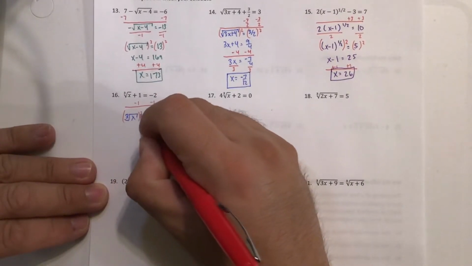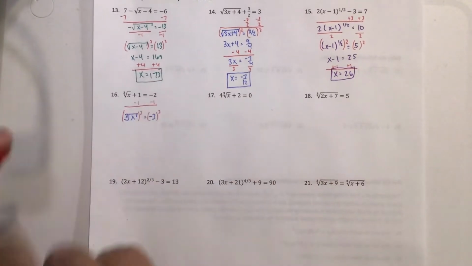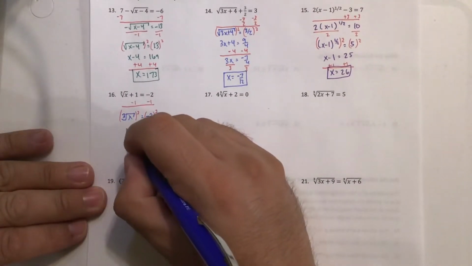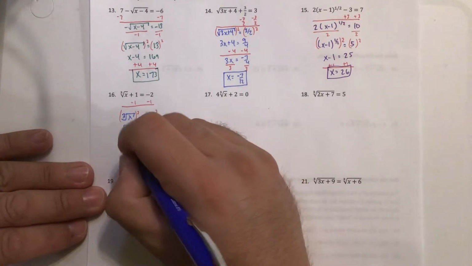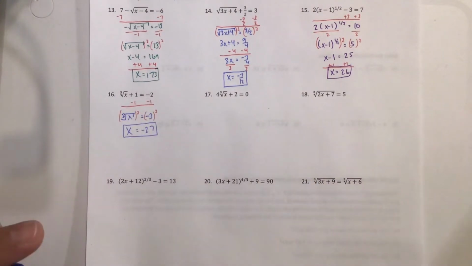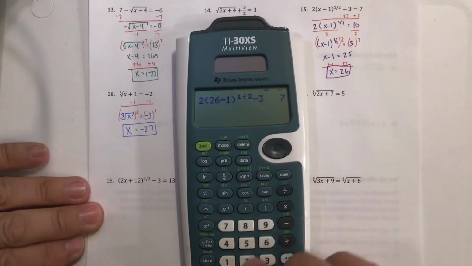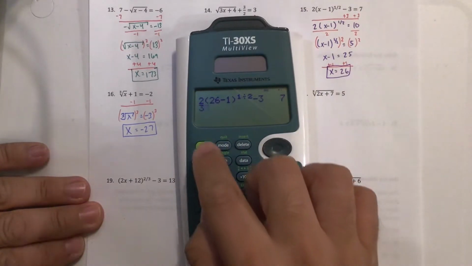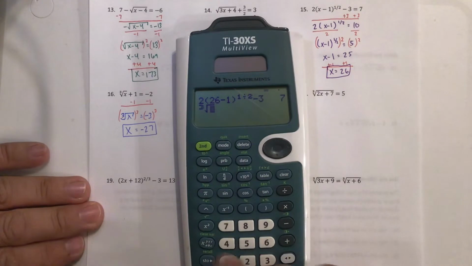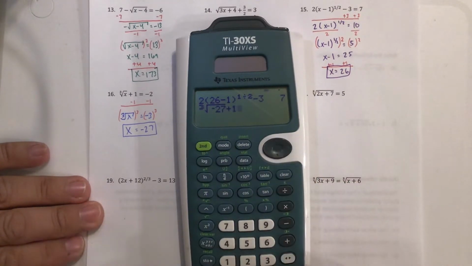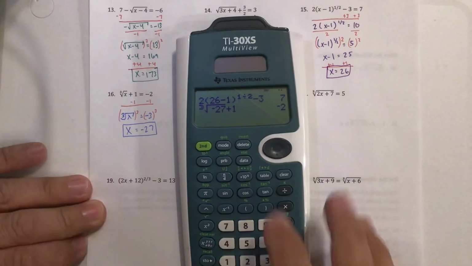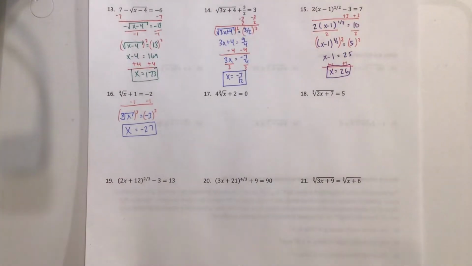We raise both sides to the third power, and the cube root and the cube cancel each other out, leaving us with x, and -3 cubed is -27. All right, and just to verify that this is correct, we'll do the cube root of -27 plus 1, and that should give us -2, which it does. Perfect.